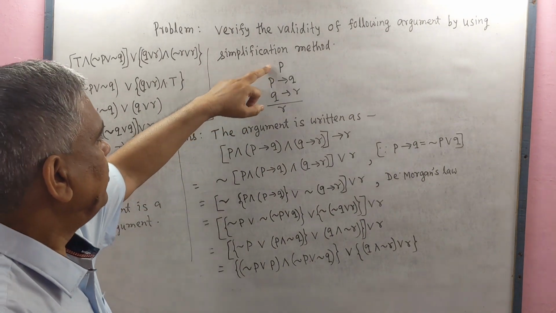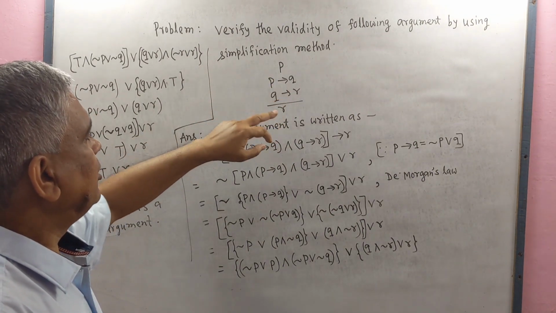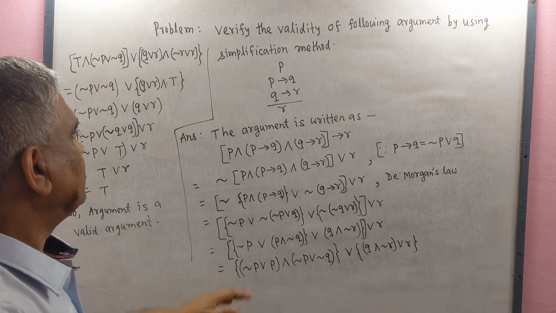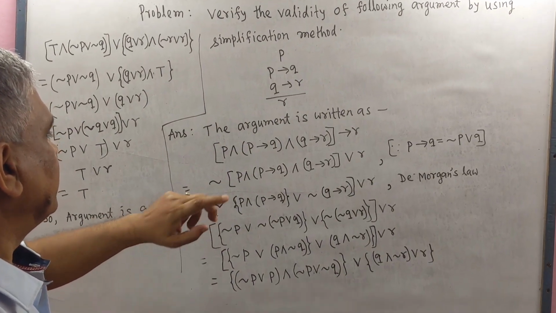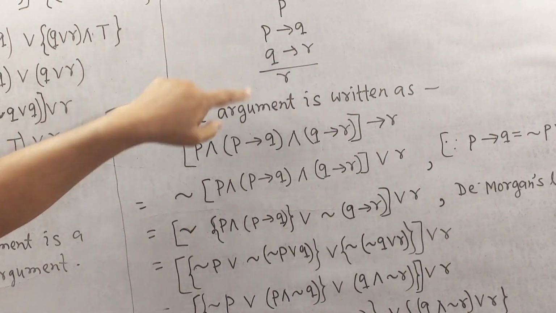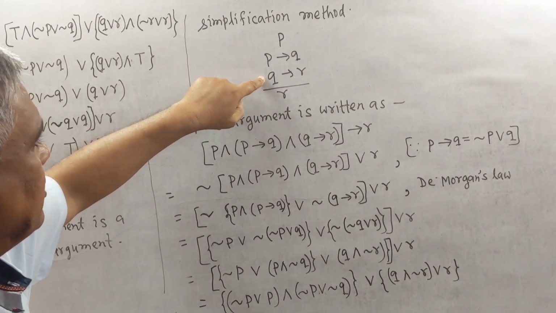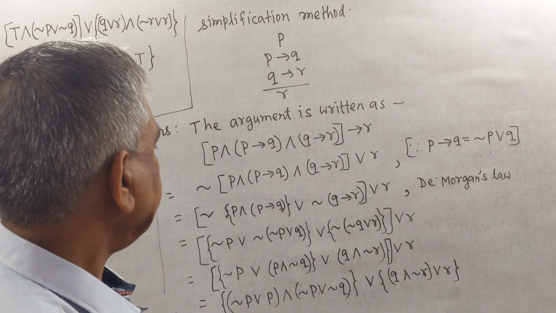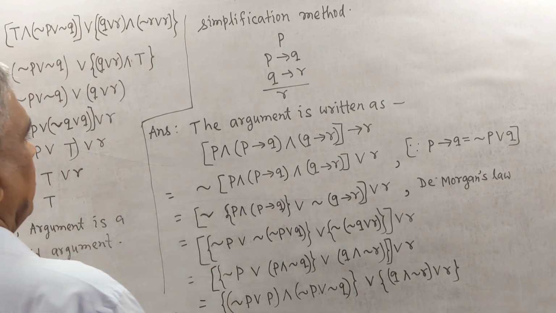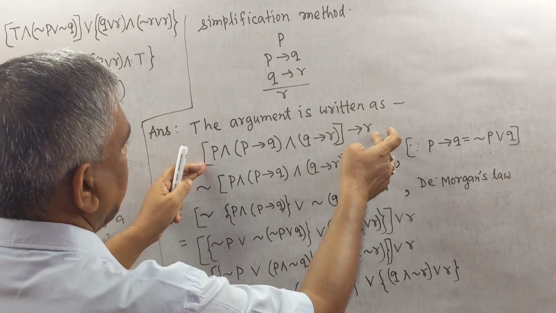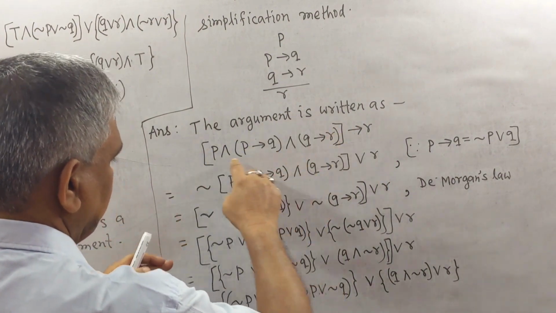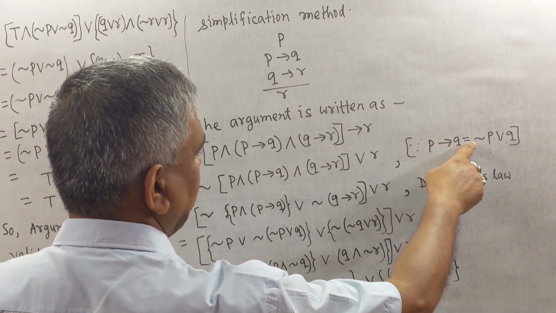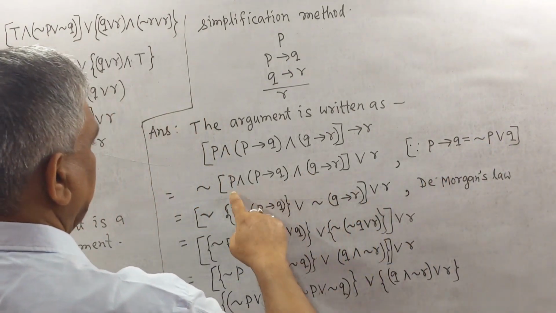Problem is P implication Q, Q implication R, conclusion R. We may write this argument as a compound statement: P conjunction P implication Q, conjunction Q implication R, and implication R. Here this implication R means negation of this disjunction R. We have the formula P implication Q equal to negation of P disjunction Q, and we have taken it here.